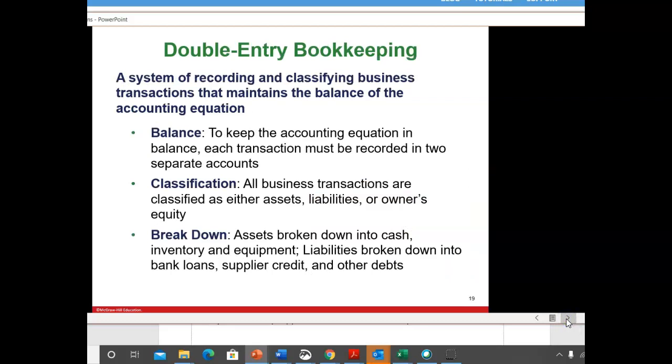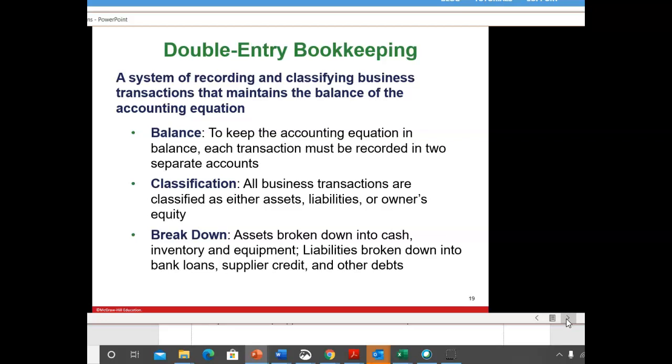Now we talk about double entry bookkeeping. This is a little bit more complicated, but basically it is a system of recording and classifying business transactions that maintains the balance of the accounting equation. There are three aspects to this: balance, classification, and breakdown. Balance is basically the way you keep your accounting equation in balance. Every transaction must be recorded in two separate accounts.